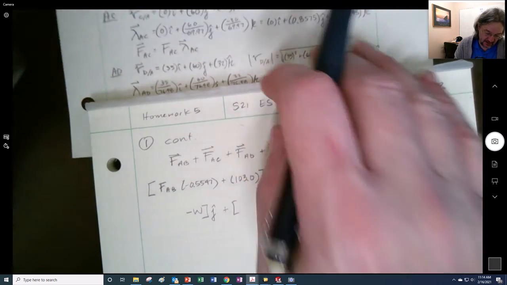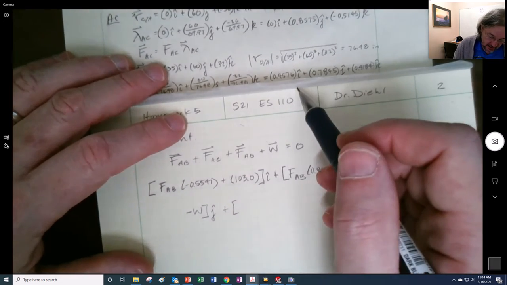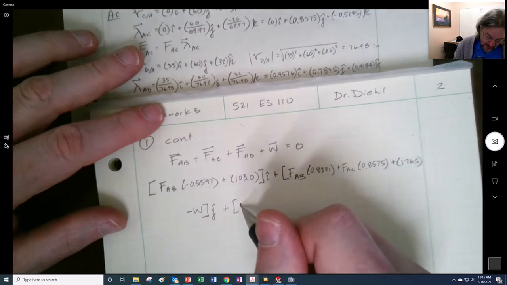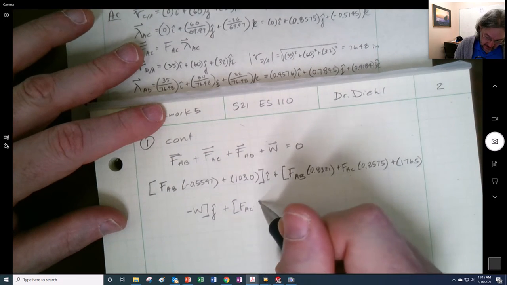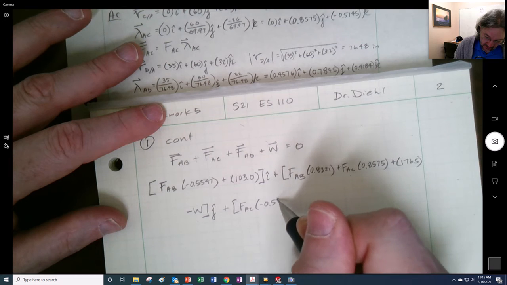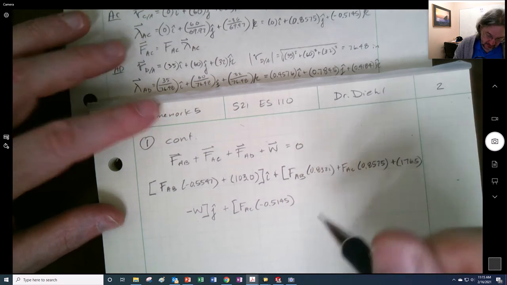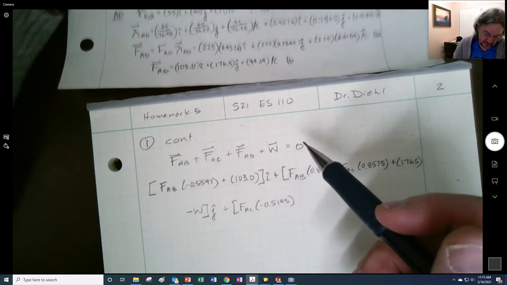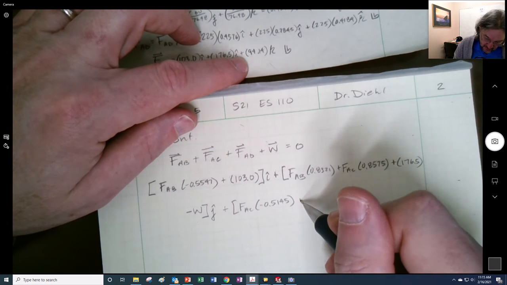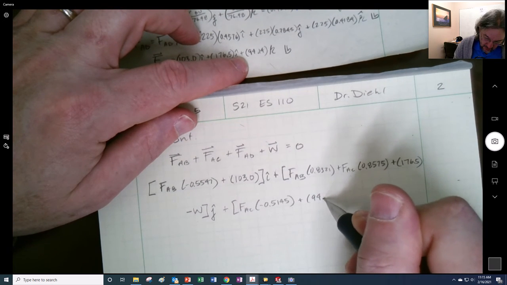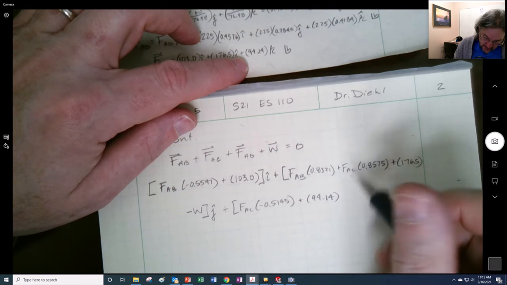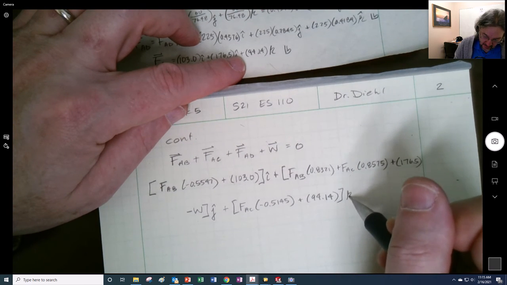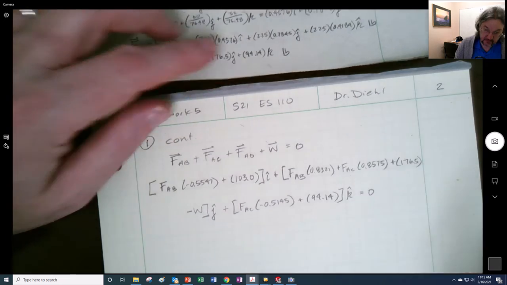For the FAC right here, for K, we have a negative, so we have FAC and a negative 0.5145. And then for the FAD, we have a plus 94.14. And then for W, there's nothing right here. So actually right here, we're going to be able to solve for this one too.